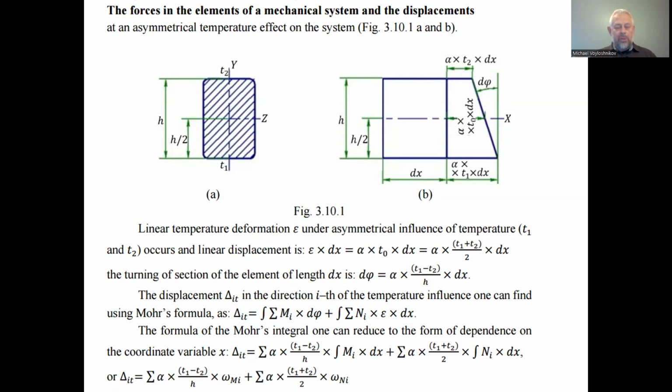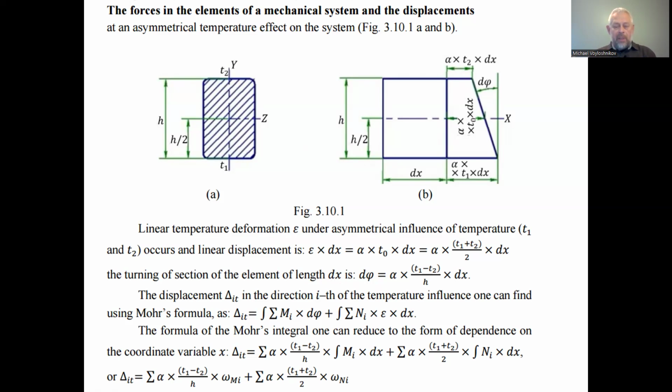The approach to find these lowercase delta factors is the same as usually considered when determining the support reactions of a statically indeterminate system. And then how to find the free terms, independent of the sought support reactions, in the canonical equations of the force method.